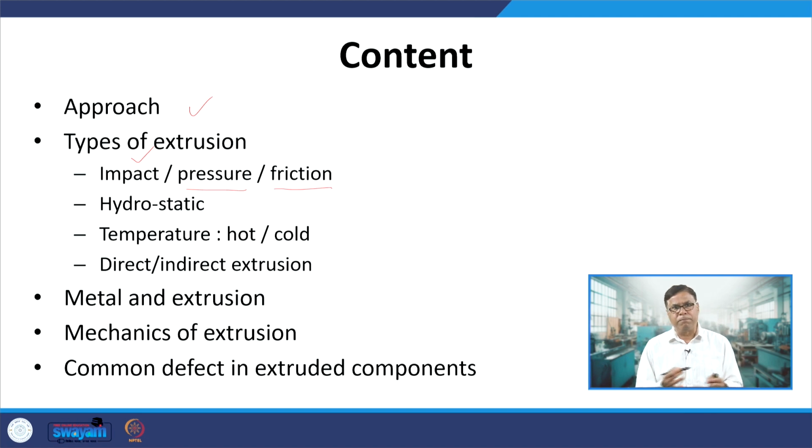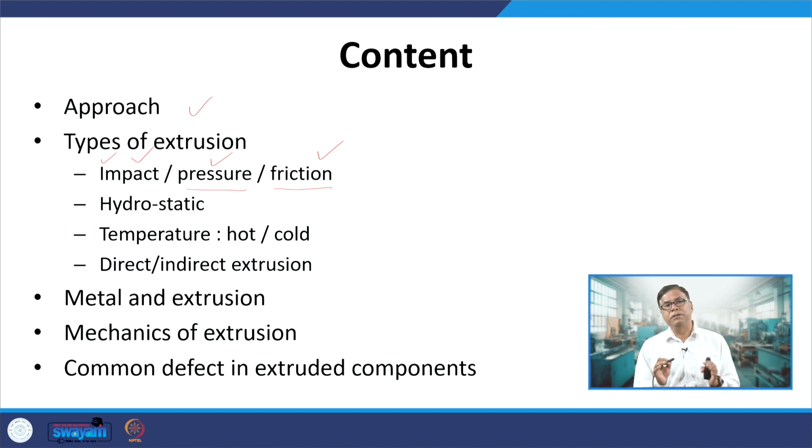So, for different purposes, the force can be applied in different ways: it can be impact, pressure, or friction to heat the material and realize the extrusion of polymers. So, friction is particularly used for polymers. Pressure is used for metals, and this is also used for metallic sheets.